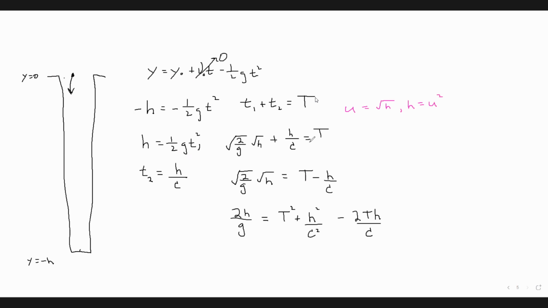But this equation becomes the square root of 2 over g times u plus u squared over c equals T. Now, that's a quadratic equation in u. And you can solve that for u. And once you know u, you just square it.